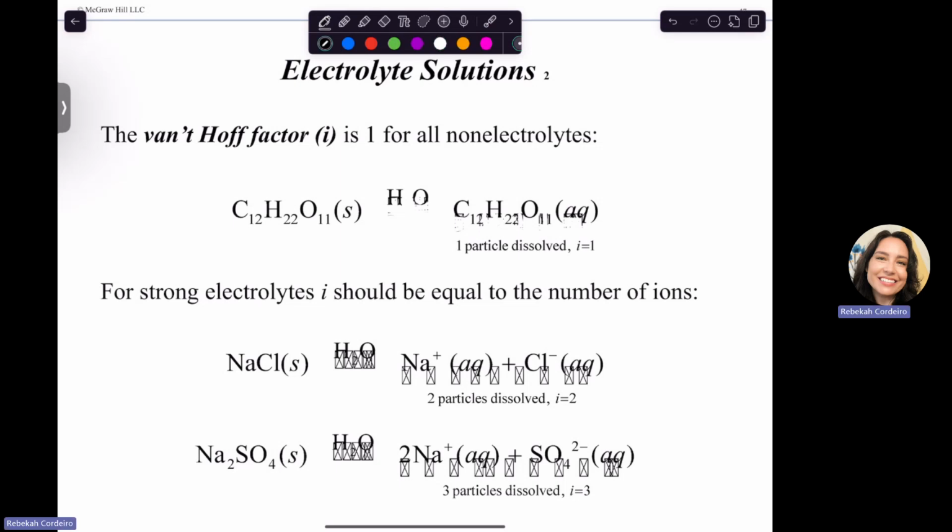It's not going to break into ions. So it'll just be solid sucrose goes to aqueous sucrose. Water is going to surround each sucrose molecule, but it's not going to break it down into carbons and hydrogens and oxygens. For strong electrolytes, like ionic compounds, the i should theoretically be equal to the number of ions.